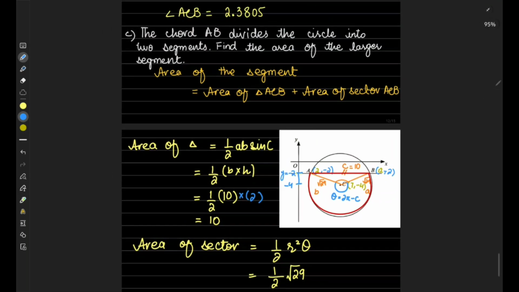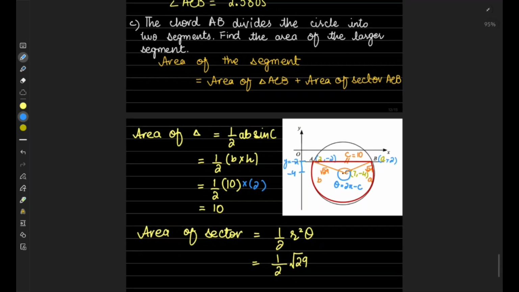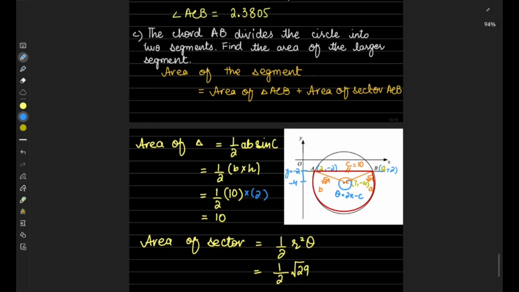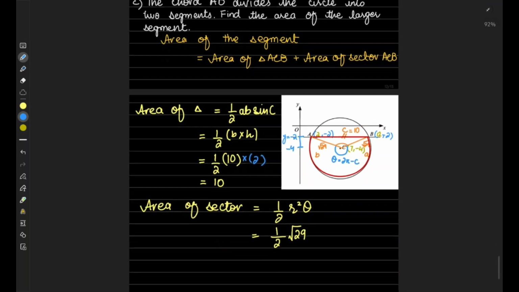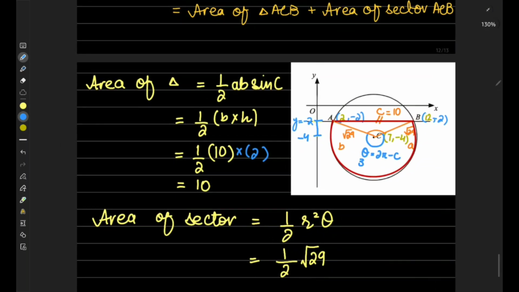Okay, so 2 pi minus C would be 2 pi minus 2.3805, which is 3.9026 in radians.